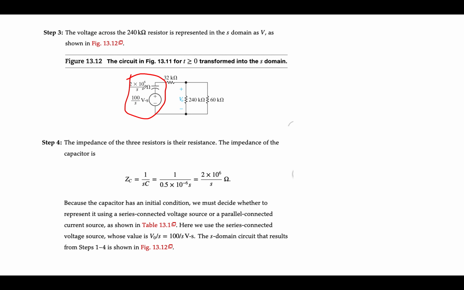When you simplify that, you can write that as 2 times 10 to the 6th over S. So this is our 1 over SC term. And then this is our initial condition on the capacitor divided by S.